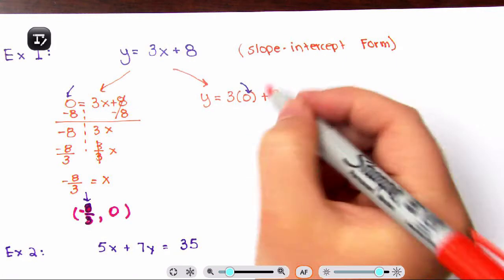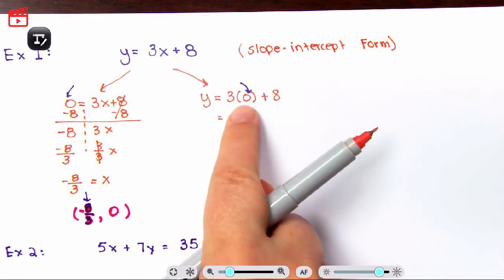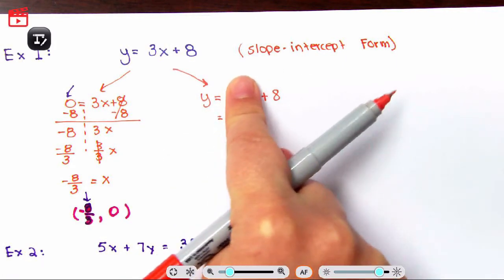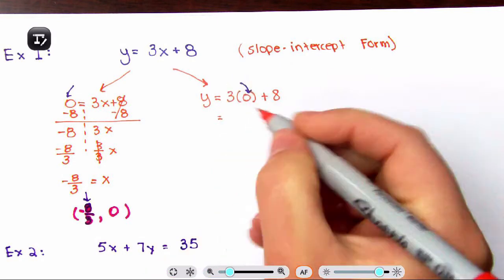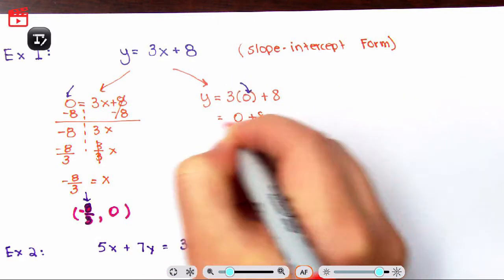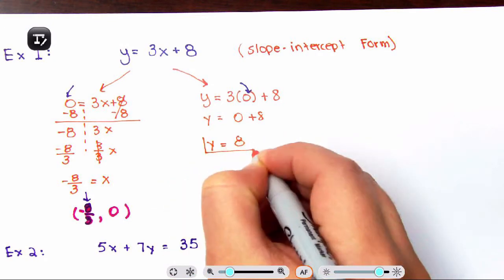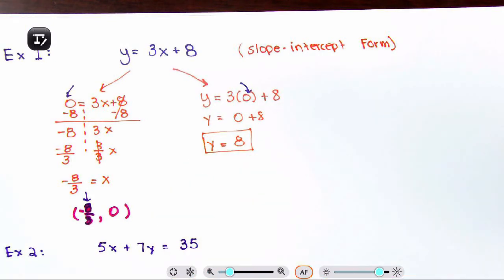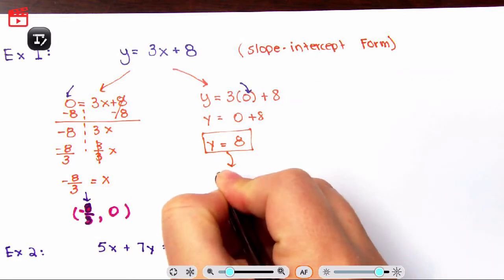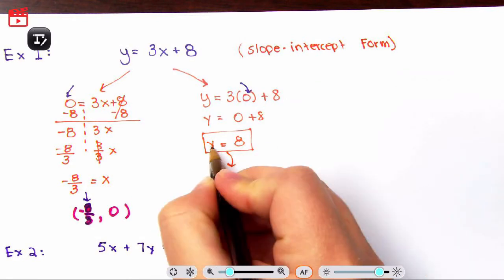All right, let's do the next one. Same thing. Now, it's really cool. Anytime you multiply by 0, just put your finger over it. That's just 0. So I have 0 plus 8 equals y. So y is equal to 8. This one's a little bit easier. So again, what are we trying to do? y is 8.